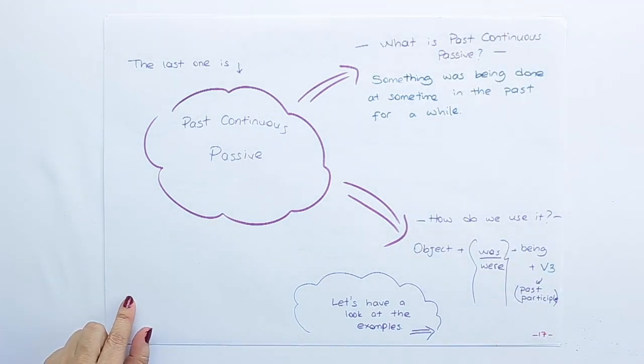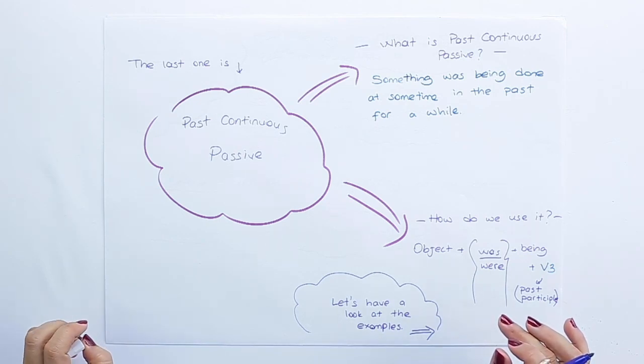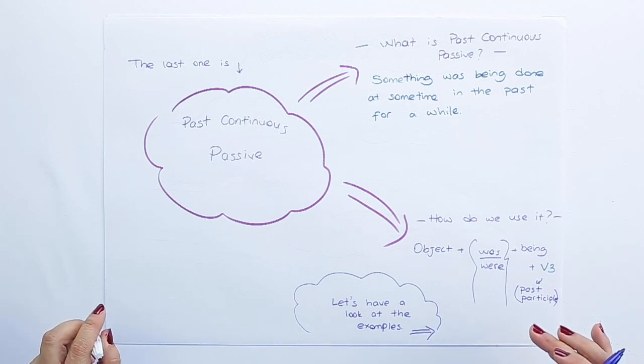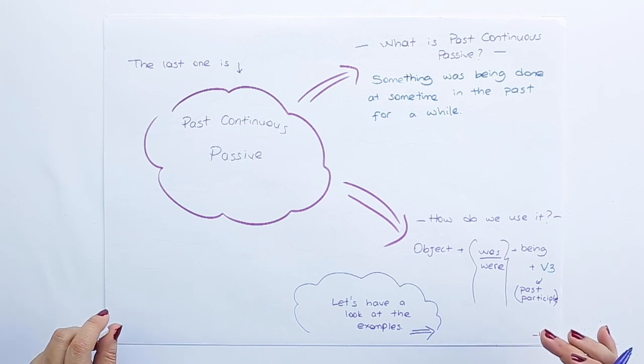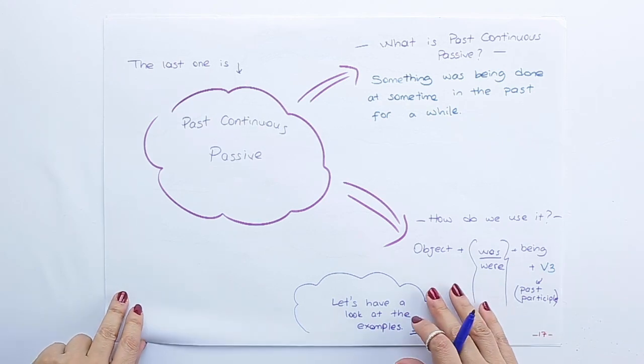The last one is past continuous passive. What is past continuous passive? Something was being done at some time in the past for a while. How do we use it? Object, was, were, plus being, plus verb 3. Let's have a look at the examples.